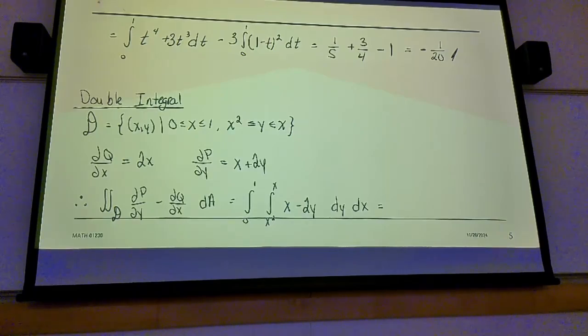Minus the quantity y squared from x squared to x, and they go from 0 to 1. x squared minus x squared is gone.